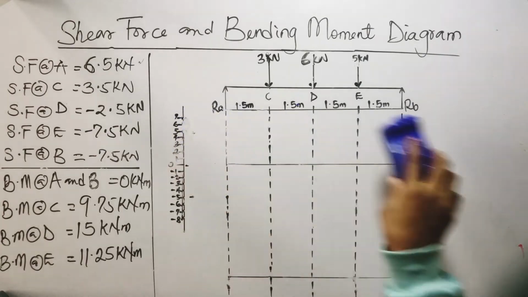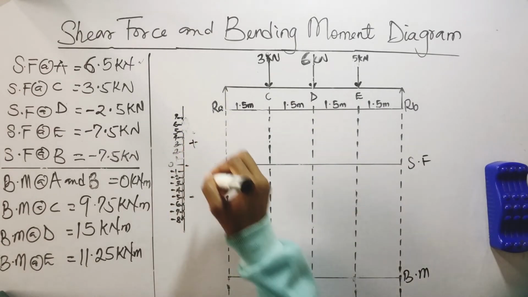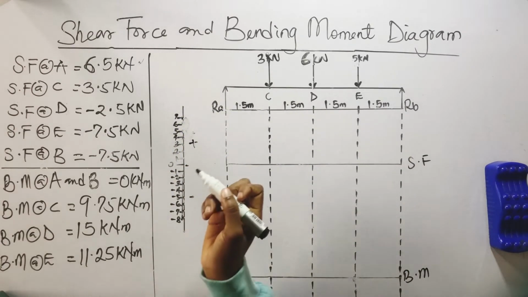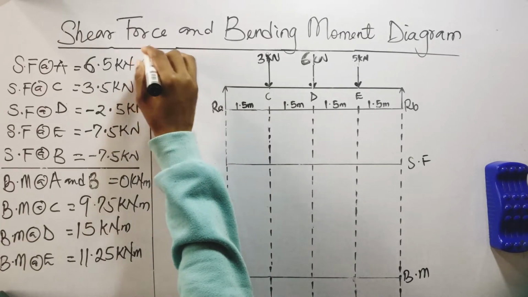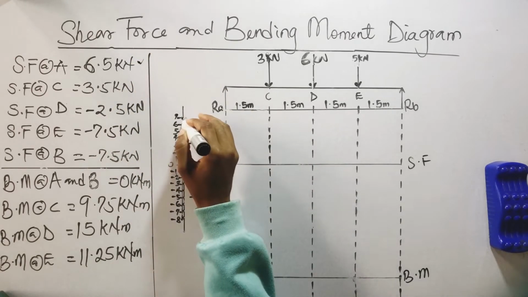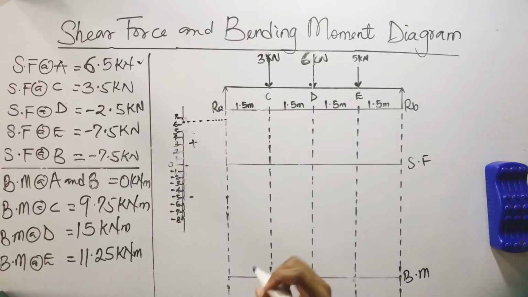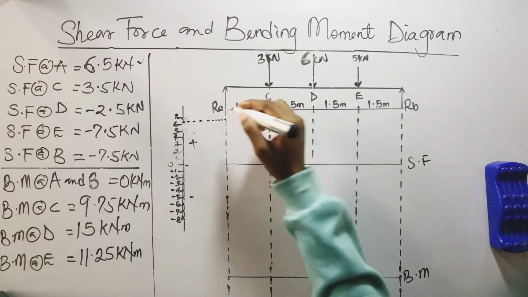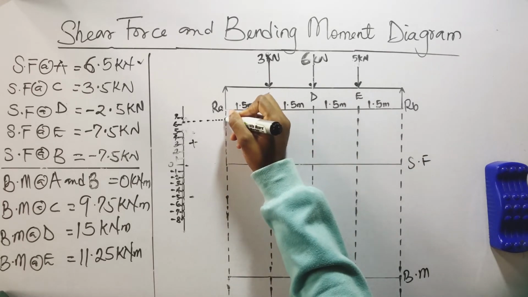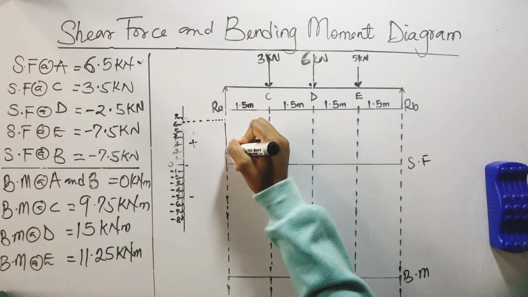The first value for the shear force is at support RA, which is 6.5 kilonewton. Now, from the graph, we go to mark 6.5 at point A, which is here. Having marked out this point, we draw a straight line from A to meet that point, like this.